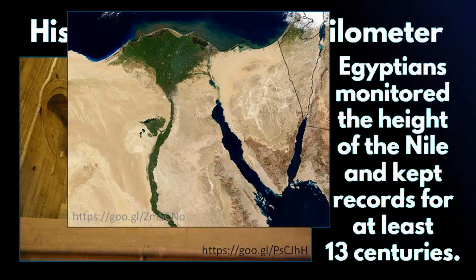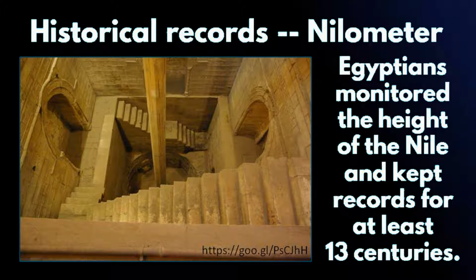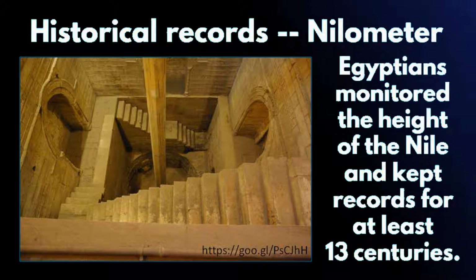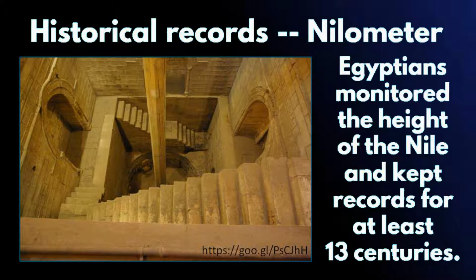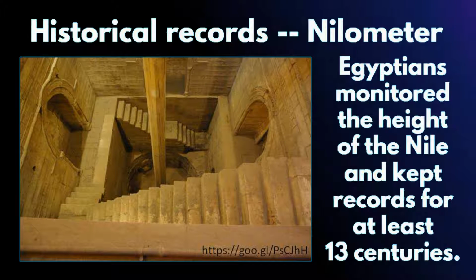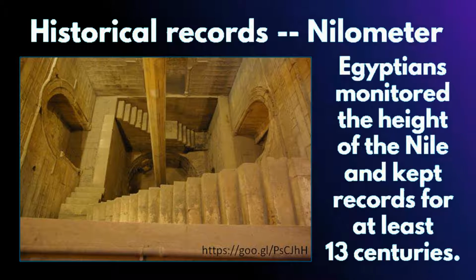And as a consequence, they very carefully monitored this sort of shaft that was dug near the Nile that would then fill with water from the Nile, and they could measure how many steps up that shaft were covered with water from the Nile, which helped them know how high the Nile was.